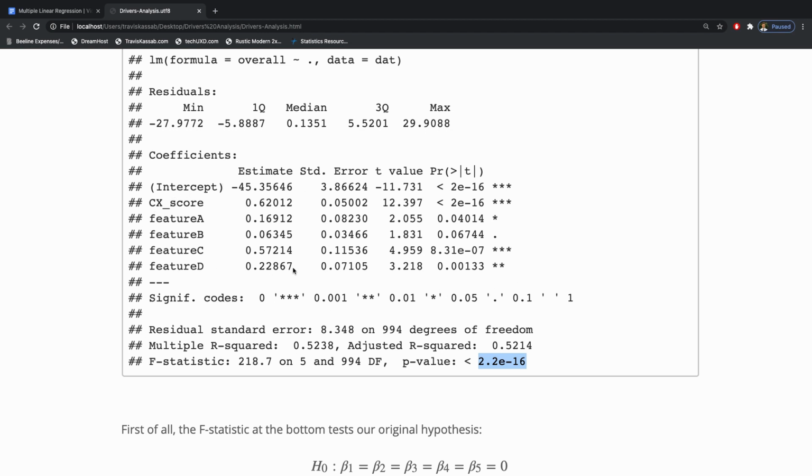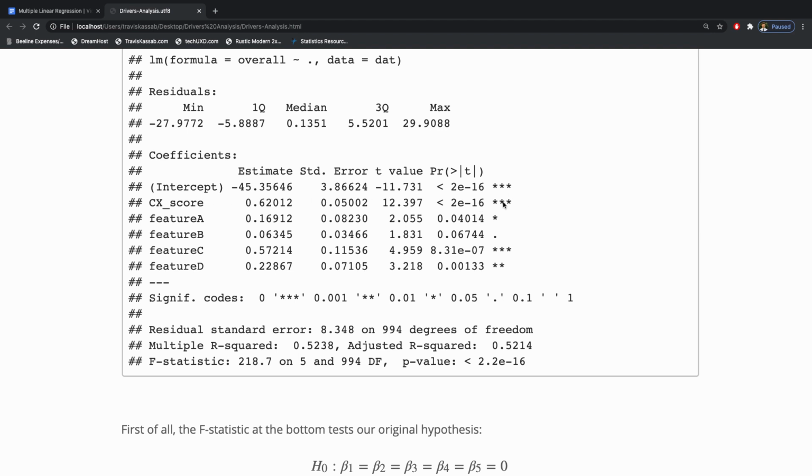So you see each of these rows are each of our predictor variables. This estimate column is the beta coefficients that multiply each of the predictor variables. And we are running an individual t-test to test statistical significance for each of the predictors.